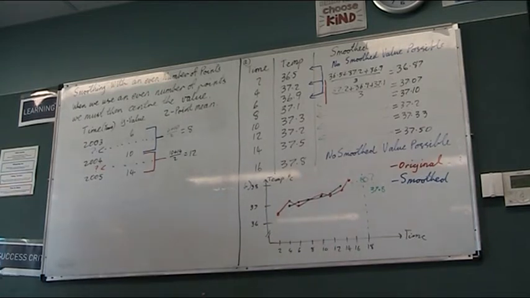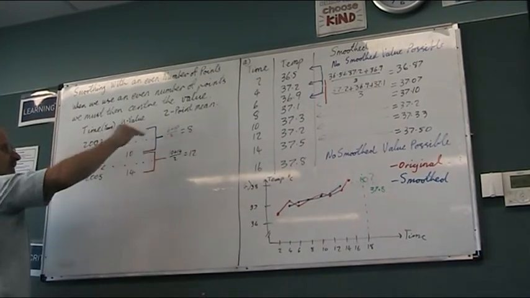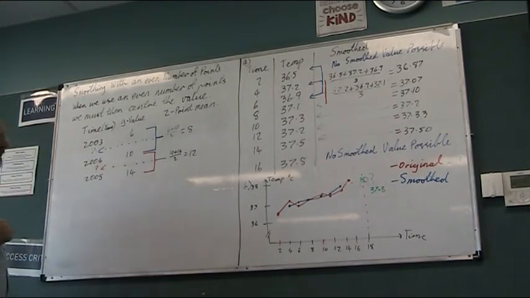So what we have to do is we now have to centre. So we need to get values that line up with one of those years. And the way we do that is the following.